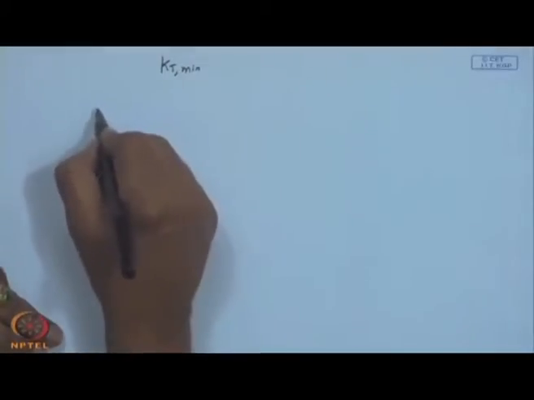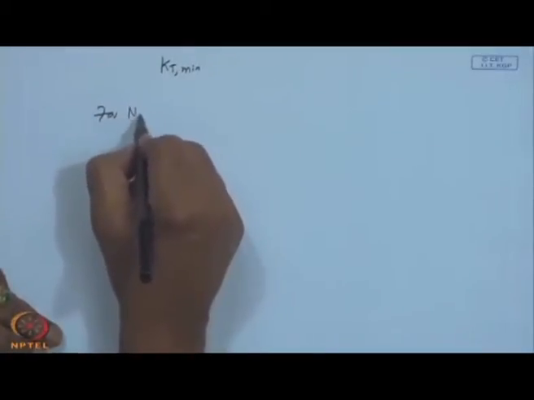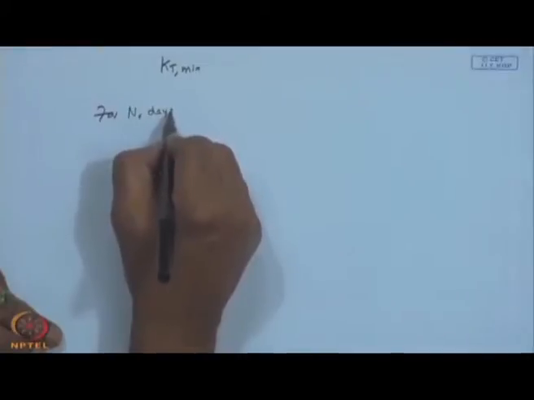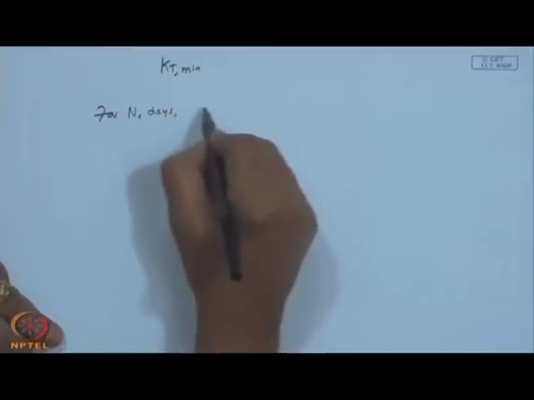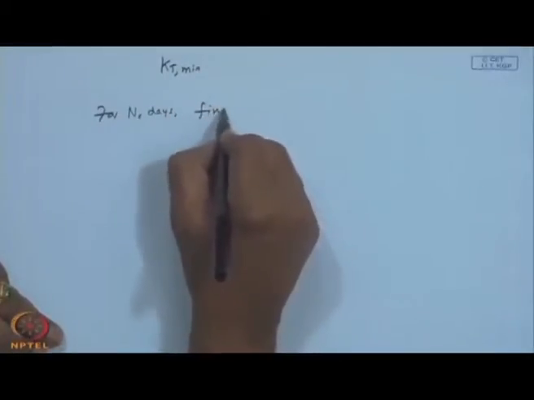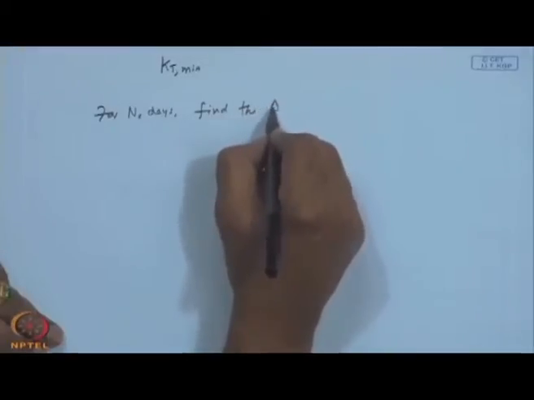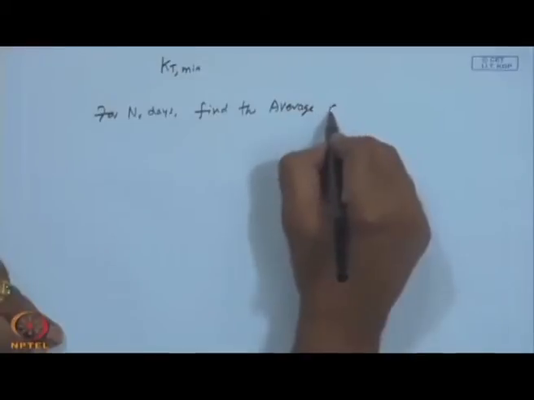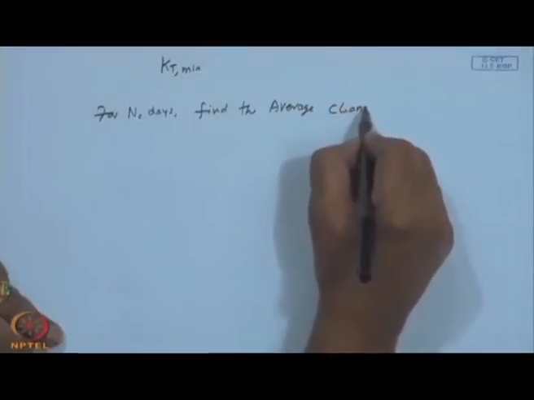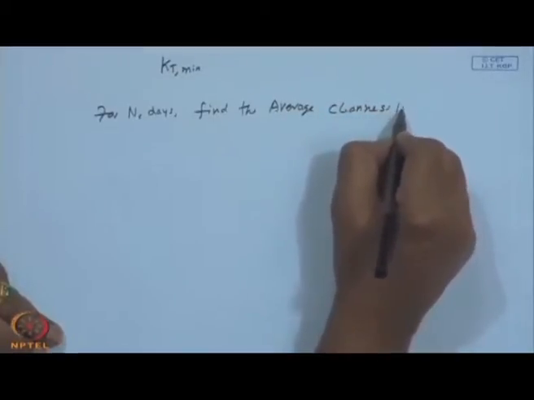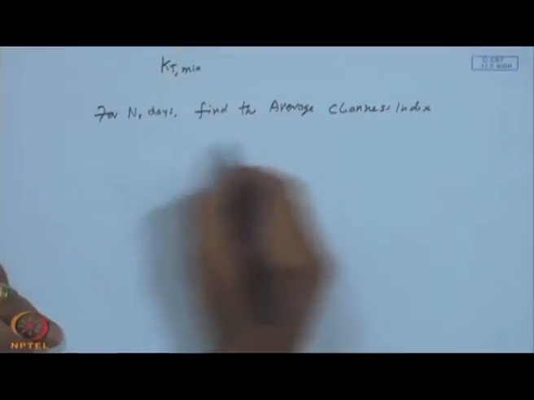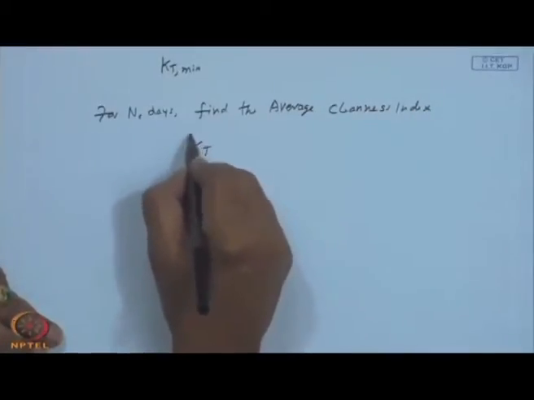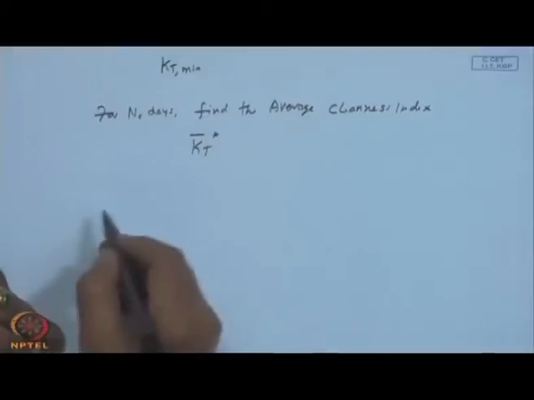Then for the NC days, find the average clearness index, which I will call kT bar star.